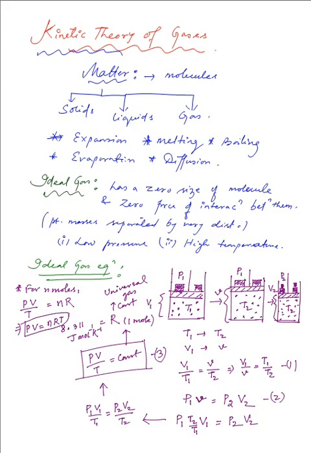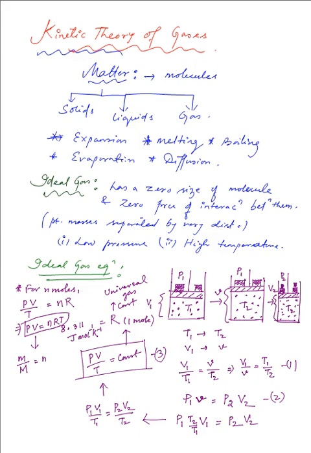And as we know, for a given mass of a gas, let's say m, the number of moles is small n, which is equal to the small m divided by the capital M being the molar mass.